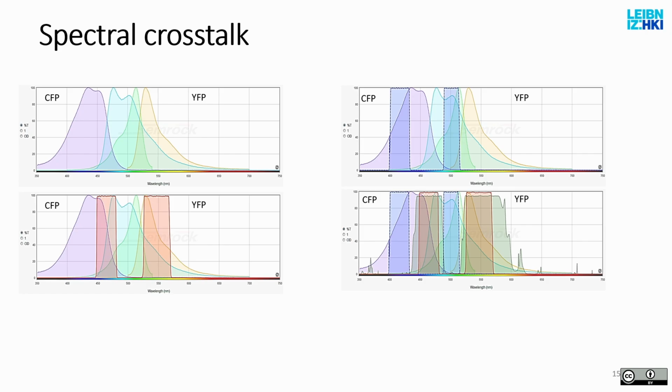But either way, the point is I can have full control of the width of this emission range from which I detect. And this way I can narrow this down so much that I avoid most of the crosstalk. But like I said, you lose light, but you now also know that with image analysis you can improve your images quite a bit afterwards.